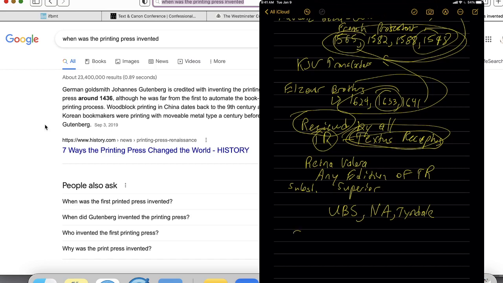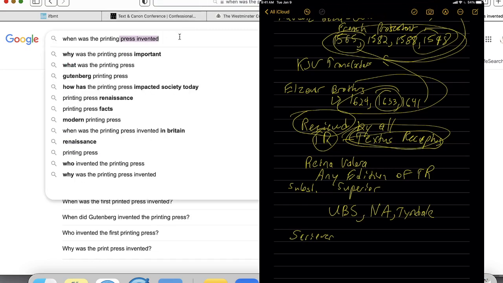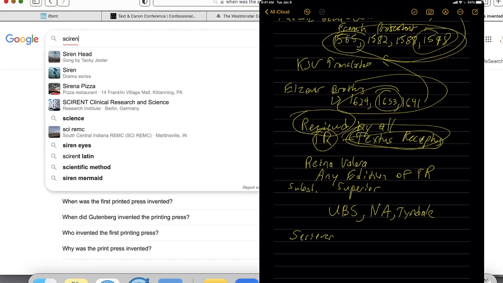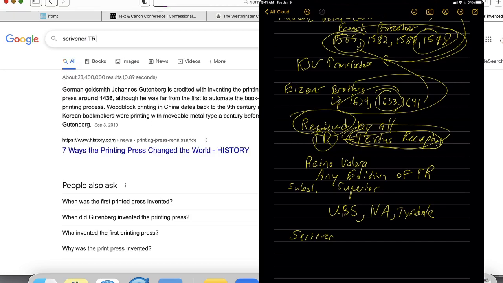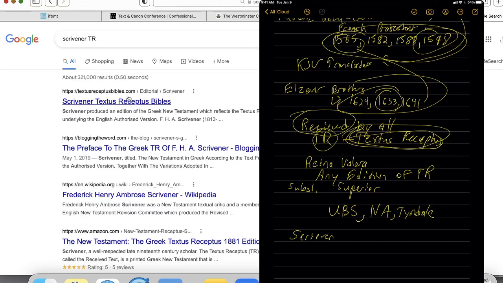Now, Scrivener published an edition, I want to say, well, let me just look here. The Scrivener TR was published, it looks like, in 1881. And Scrivener's text, well, the King James is not 100% based on any specific TR edition.